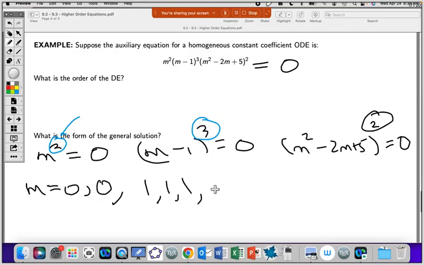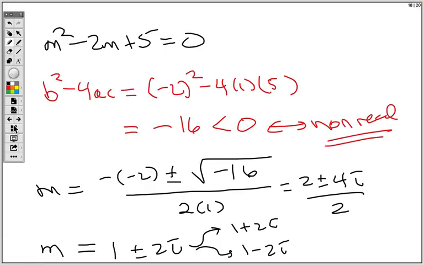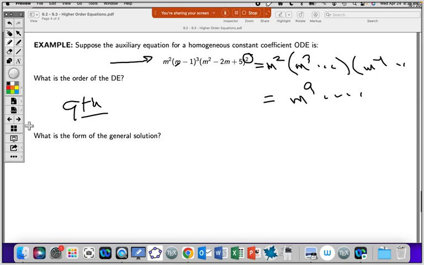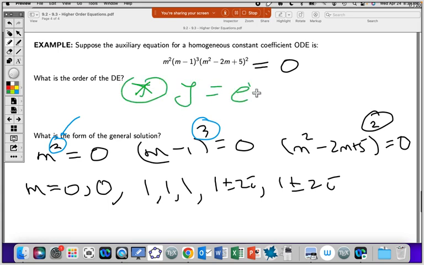So I would get 1 plus or minus 2i, and then 1 plus or minus 2i again. So remember, these are all the m's. The underlying assumption for all of this is that these are all e to the mx.